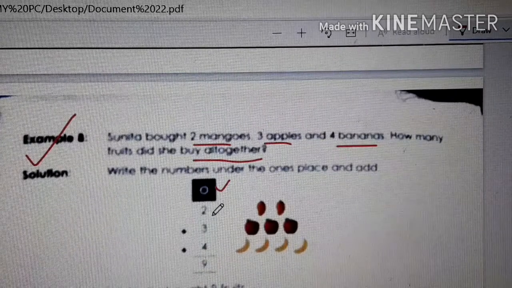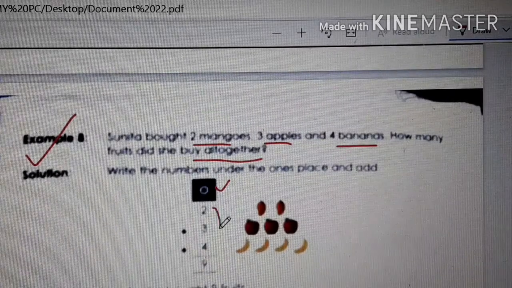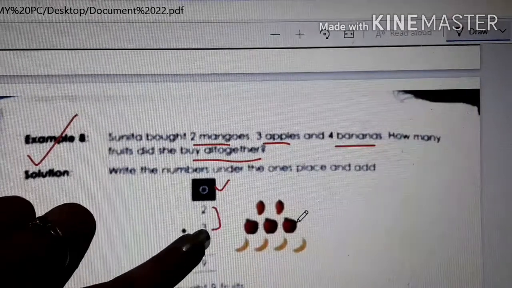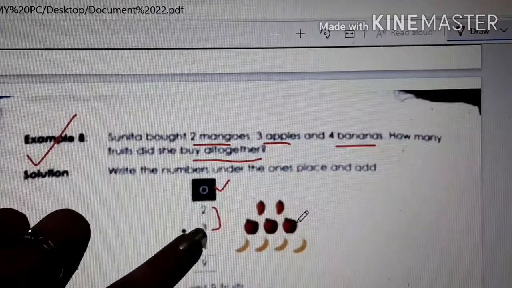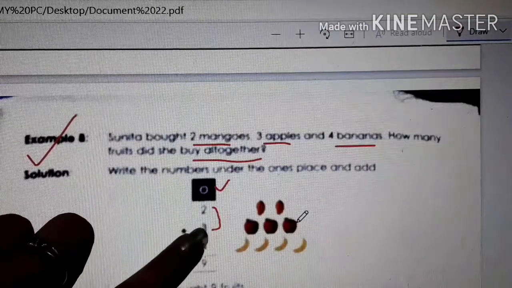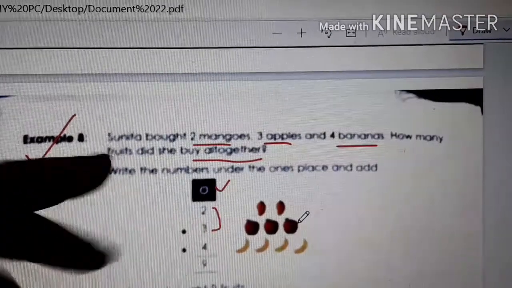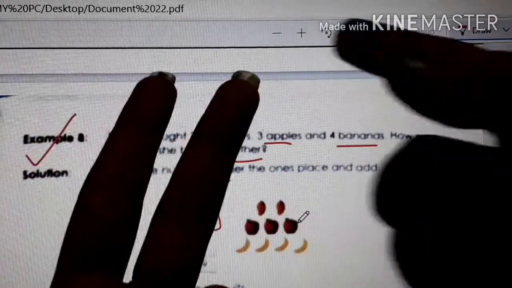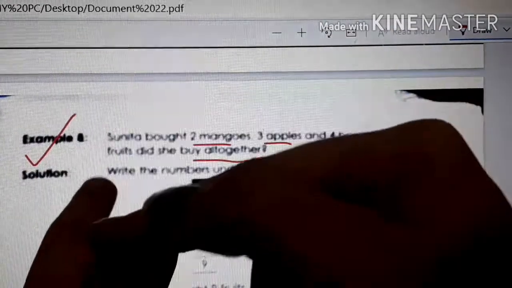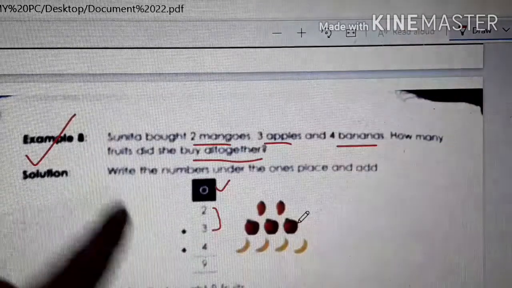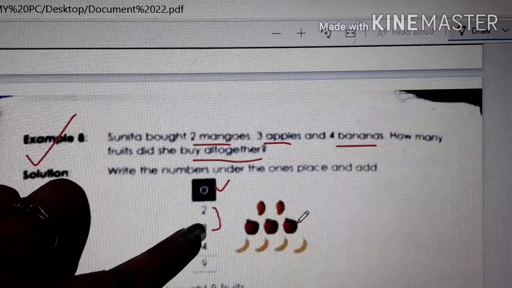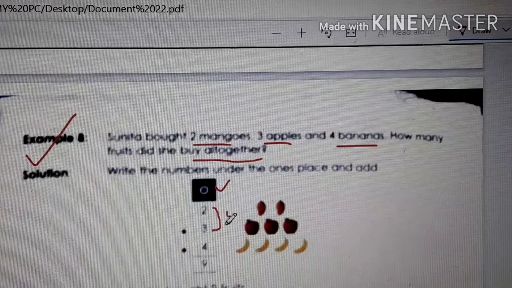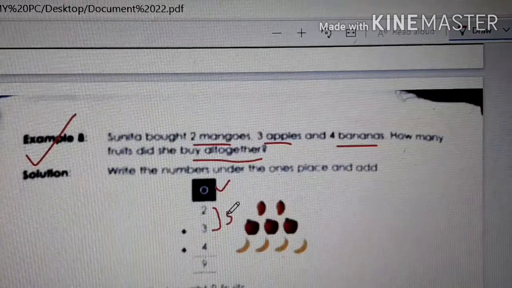Now you must be thinking how to add this. We will add the first two numbers. Now 2 plus 3. When we do 2 plus 3, children, keep the bigger number in your mind. Keep 3 in your mind. Open 2 fingers. After 3 you start counting: 4, 5. So 3 plus 2 is 5.